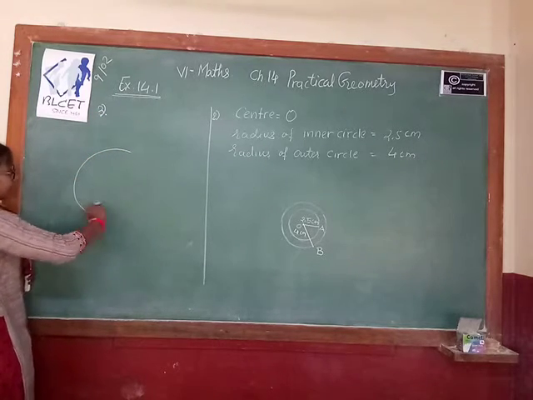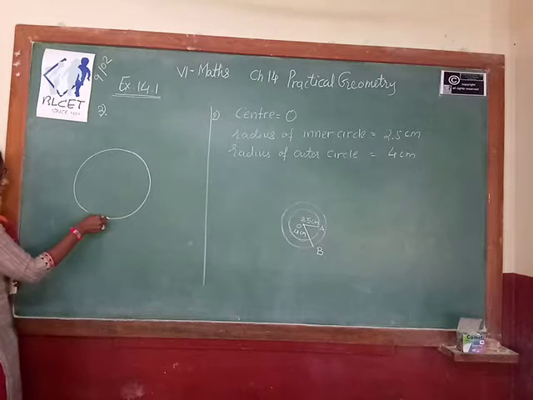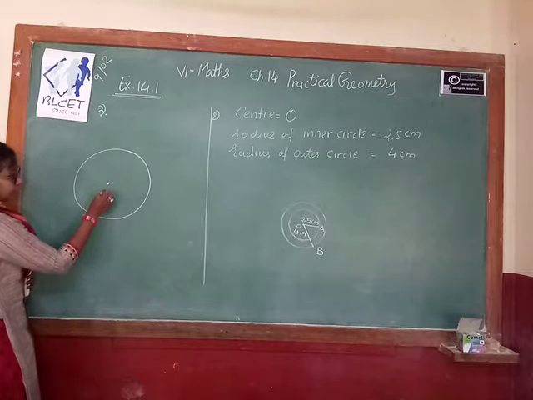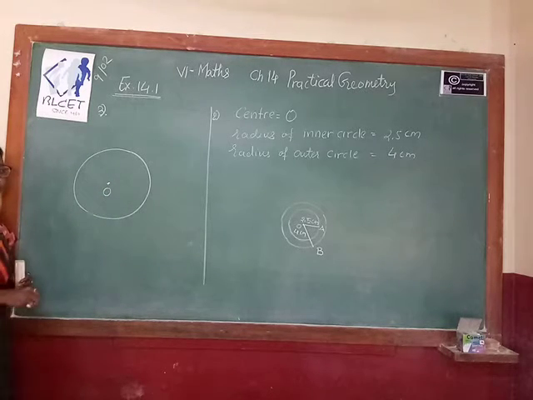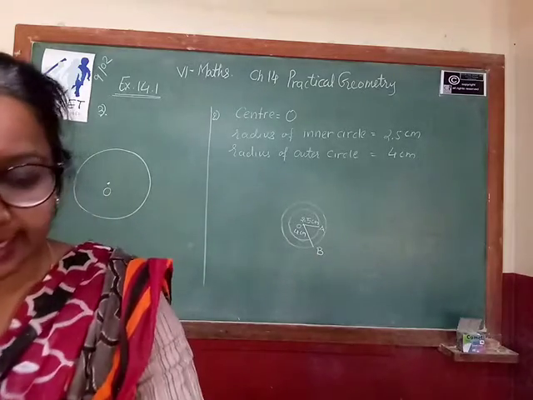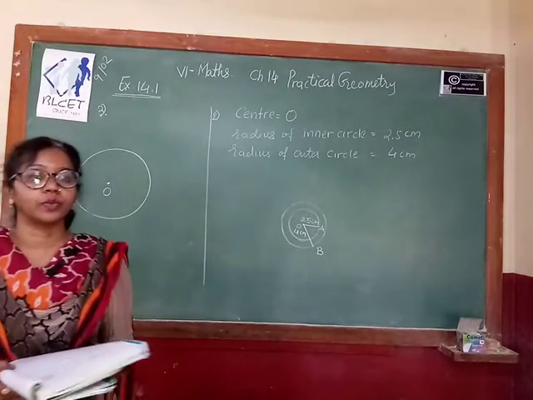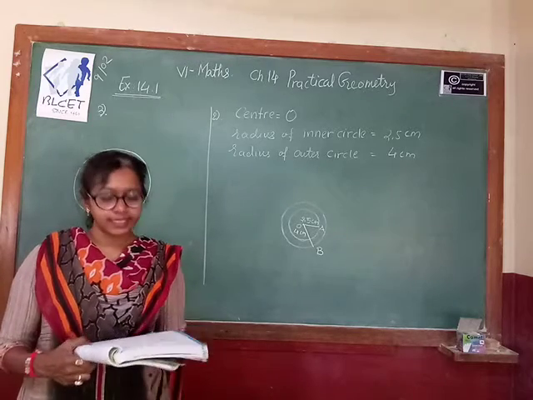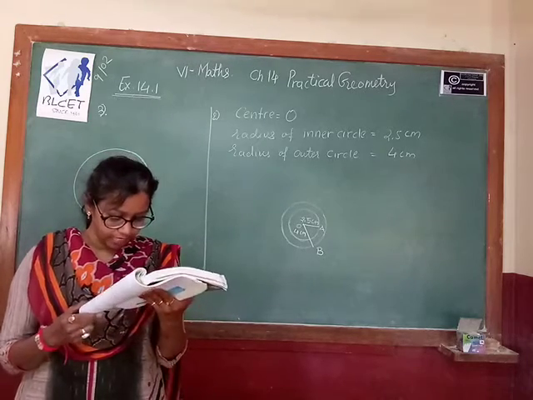This is my circle, of any radius you can draw the circle. Suppose this is the center of the circle, name it as O. Now what do you mean by diameter? Diameter is the longest line segment which passes through the center of the circle, whose end points are on the circle. That is the definition of diameter.